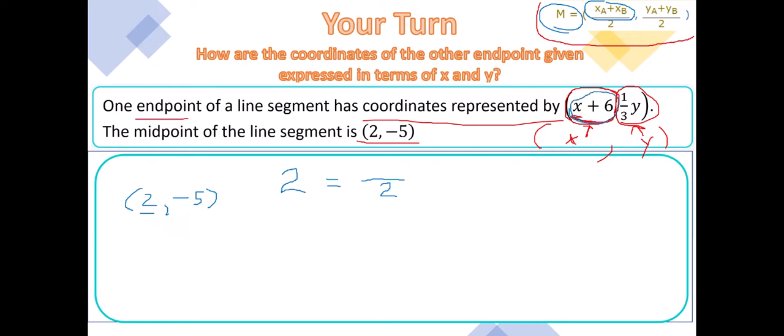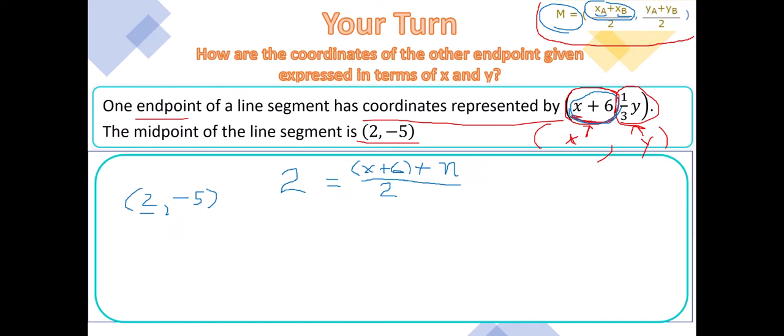Remember, our x is an expression, x plus 6. Now we've got x's all over the place, and we're going to be adding another x coordinate that we don't have. So I'm going to say x plus 6 is my first x coordinate, x sub a or x sub 1, however you labeled it. And then that other x we don't have. So I'm going to call it any other variable besides x. So let me call it n for number.